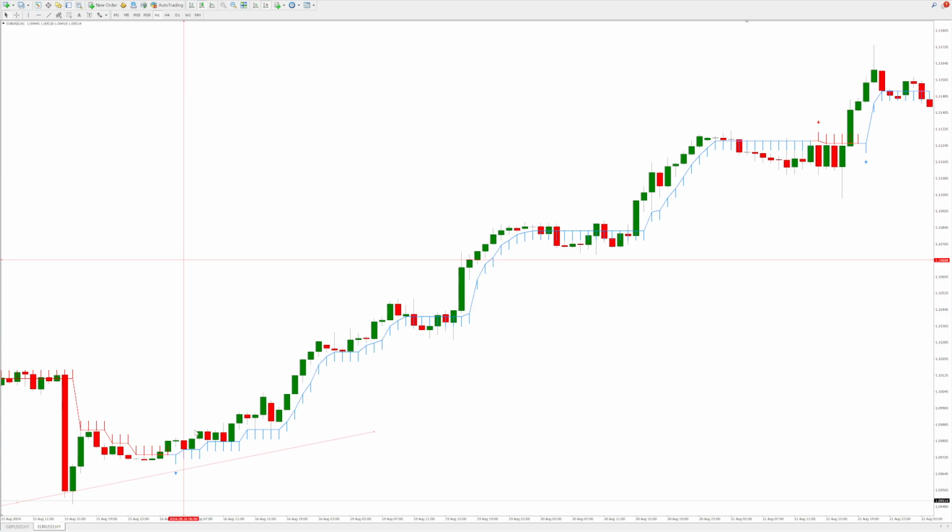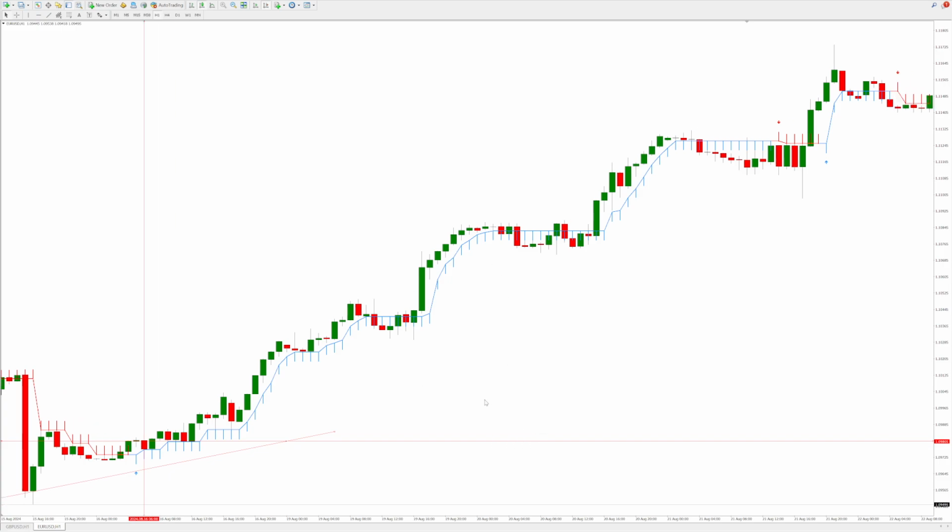So you're basically just locking in as many pips as possible on the move, just trailing it, because what you don't want to do is just leave your stop loss here, and if price got to here and then started to fall back down, you would have left all of those pips on the table and could eventually end up in a loss. At a very minimum, I would move my stop loss to break even plus a few pips to cover broker spreads and commissions.